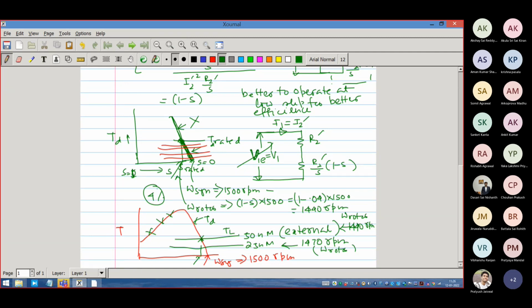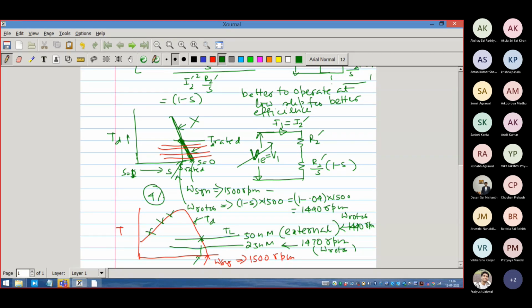So if my synchronous speed itself is adjusted to 1470 rpm, then the speed will come down to 1440 rpm but produce a torque of 25 Newton meter. This is the flexibility that we want to gain. We want to gain the ability to keep the speed precisely constant. I agree that this speed variation is negligible, and in most cases we don't even feel it, but still it is a variation.